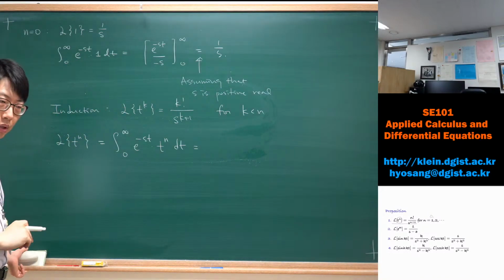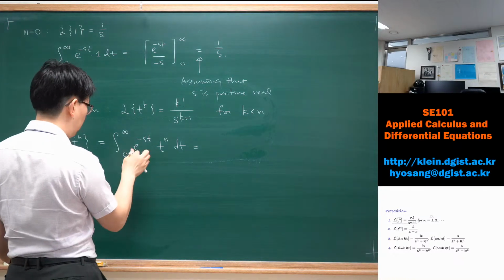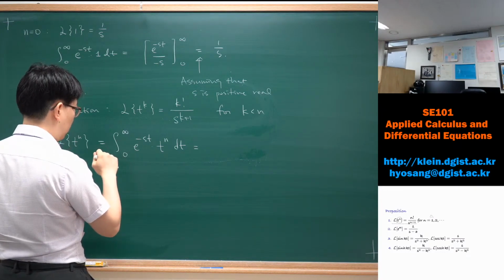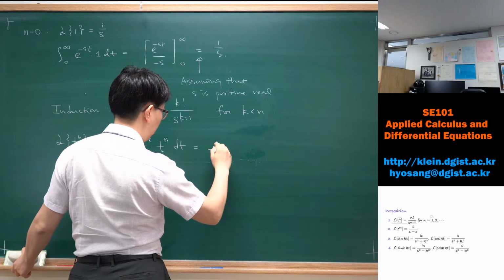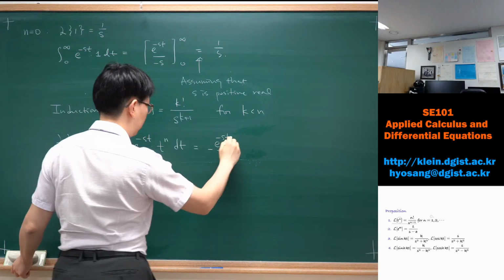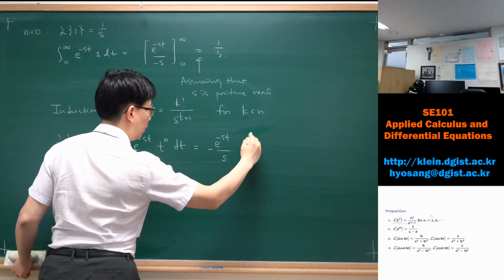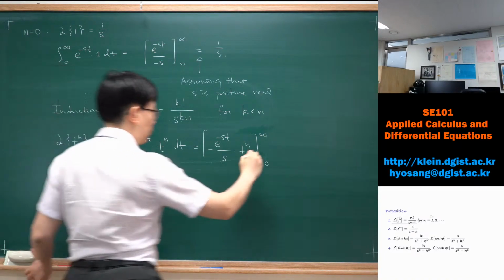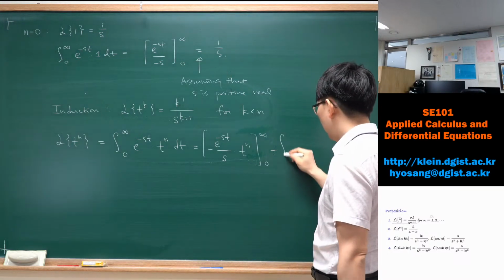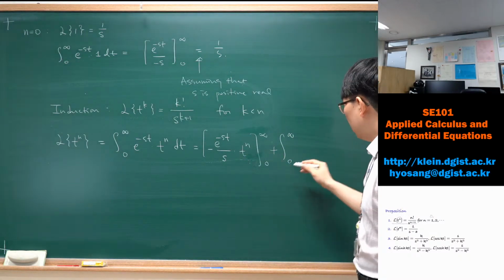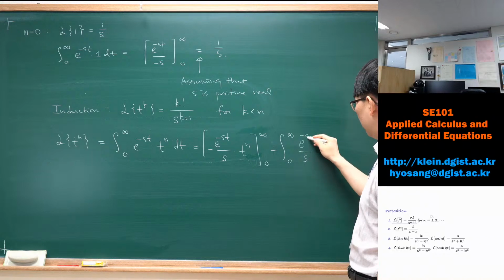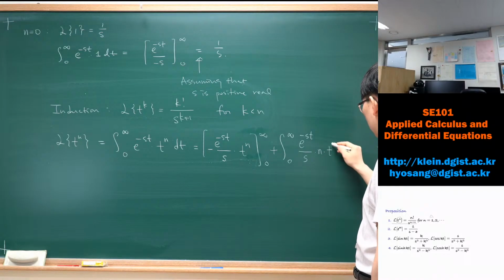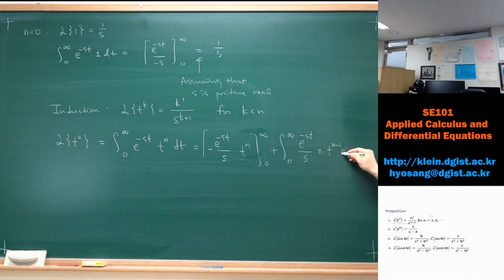I'm going to use integration by parts. First, I take the integral of one factor and the derivative of the other. So we have minus 1 over s e to the minus st times t to the n, evaluated from 0 to infinity, and then minus of minus, so it's a plus, the integral from 0 to infinity of 1 over s e to the minus st times n t to the n minus 1 dt.